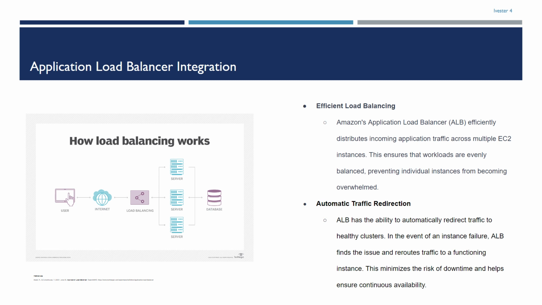So it's not only going to optimize our resource utilization, but also enhance the overall performance of the applications. And what makes the ALB different is that it has an automatic traffic redirection feature, and that's going to ensure continuous service availability. So if an instance failure does happen, the ALB is going to detect that issue and then redirect the traffic to a healthy cluster.